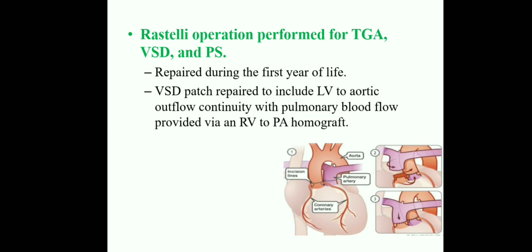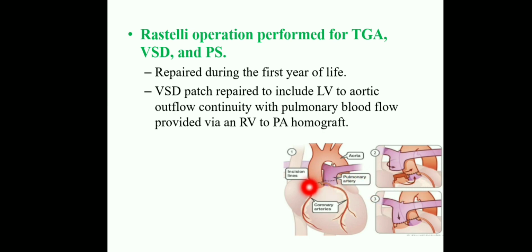What they are doing in this surgery: the repair during the first year of life. Here if the child is suffering with a ventricular septal defect, they should do the patch repair including the left ventricle and aortic outflow, continuous with the pulmonary blood flow. Okay, it is provided via the right ventricle to the pulmonary artery by a homograft. Here they are doing the grafting.